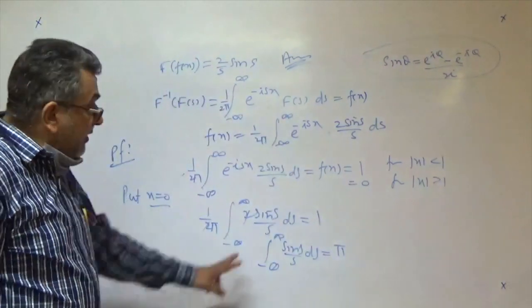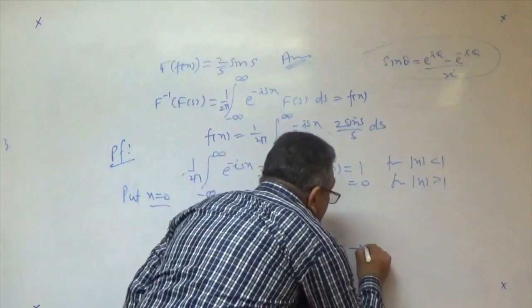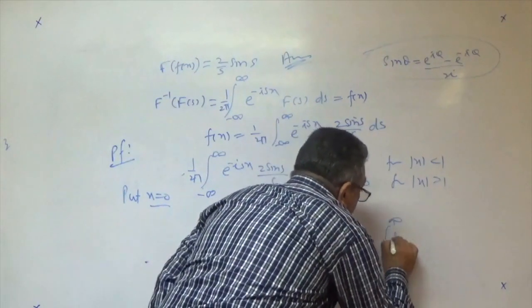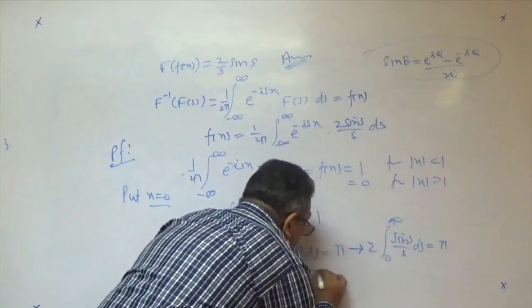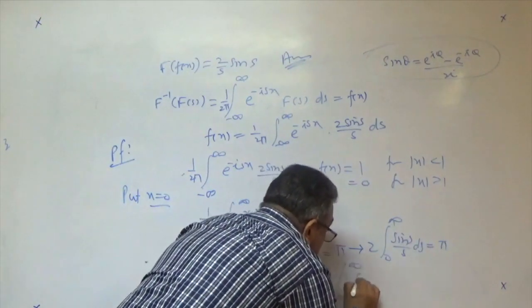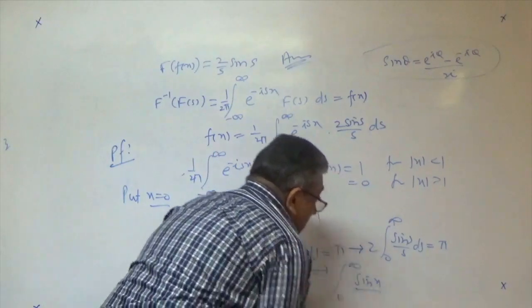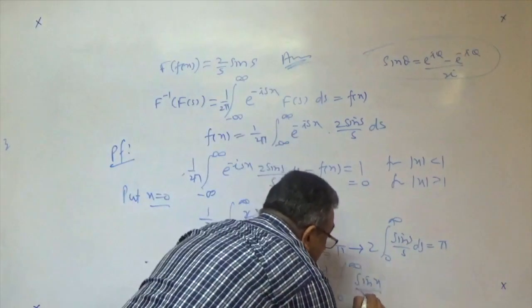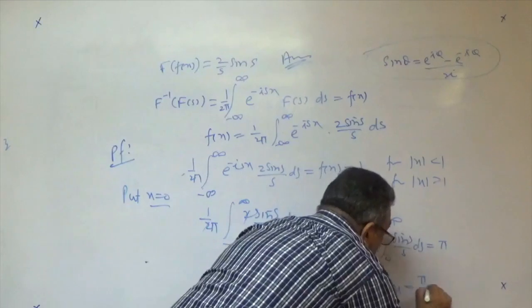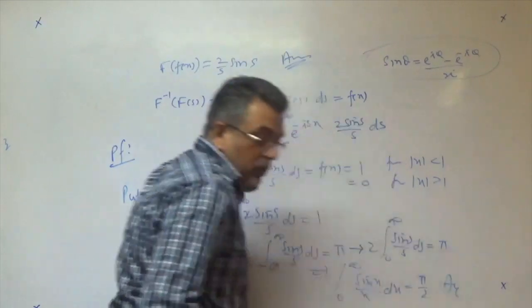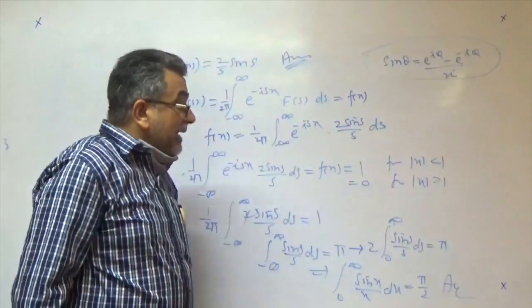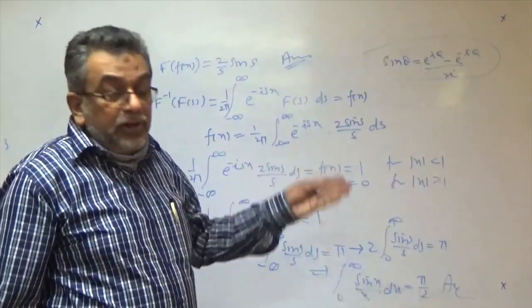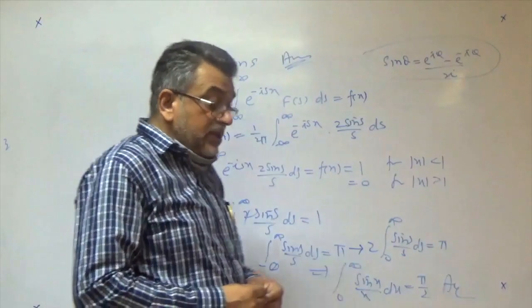This is an even function, so by the property of definite integrals, this is 2 times the integral from 0 to infinity of sine s upon s ds equal to pi. This implies that, changing the variable from s to x, the integral from 0 to infinity of sine x upon x dx equals pi by 2. This is the value of your given integral, which can be calculated with the help of the Fourier transform.